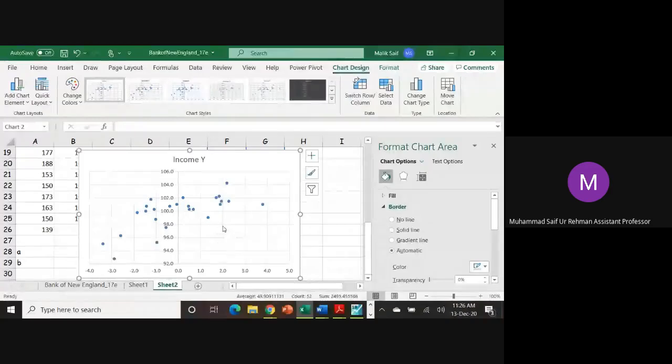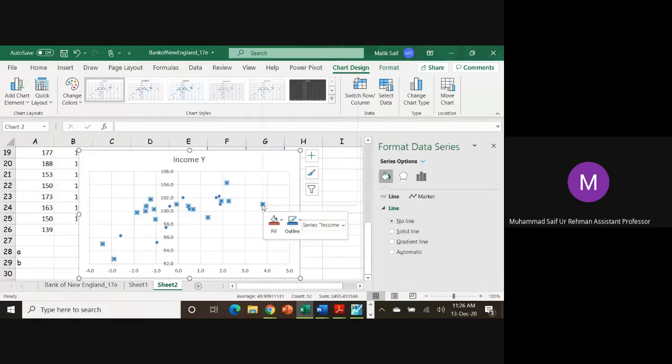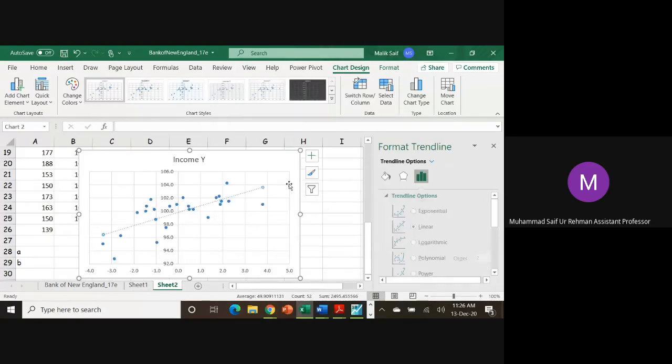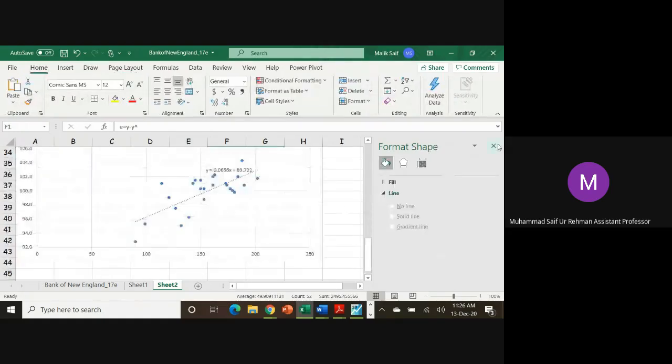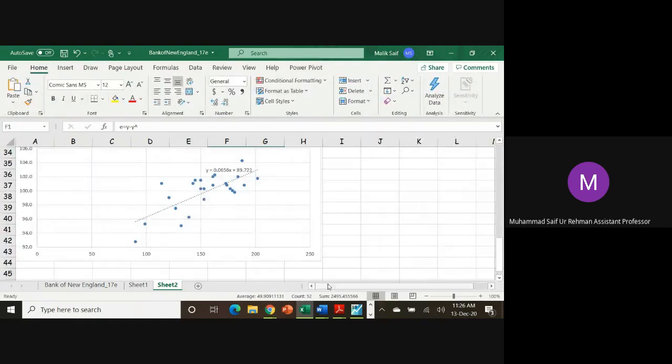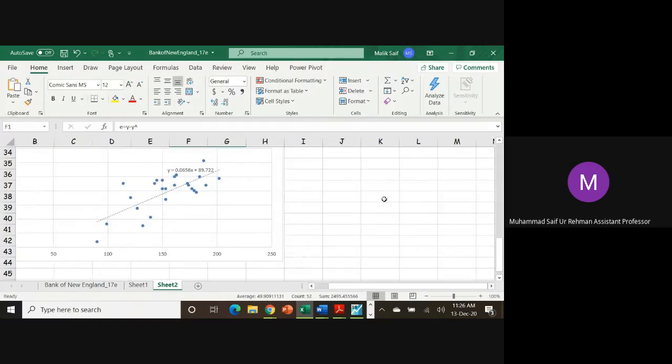This is the graph. Some positive values are there, some negative values are there, and if I ask Excel to add a trend line, this will be the trend line. Now I want to compare that graph with this graph.